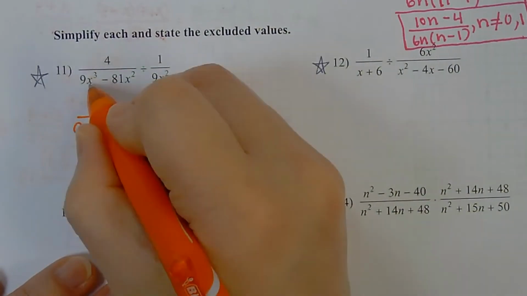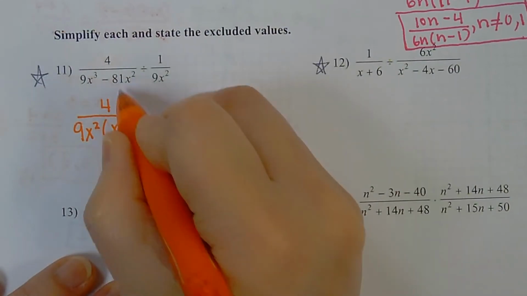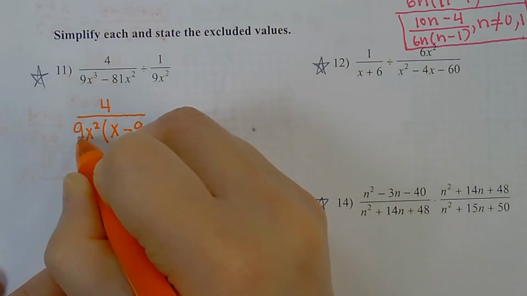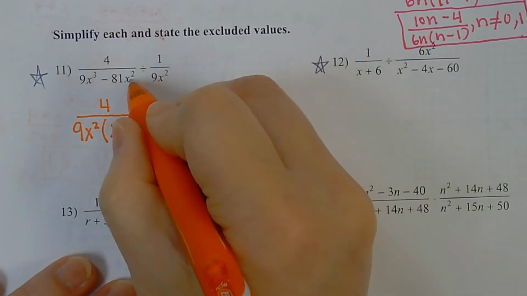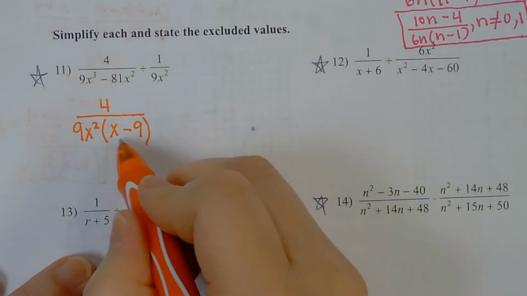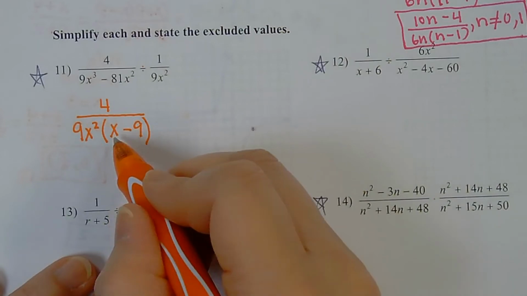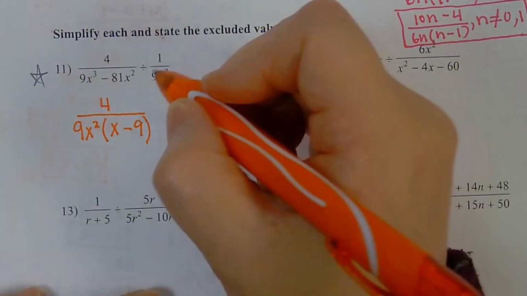What do I have left? Well, I already got the 9. I just need one more x. And then for this one, I need minus 9, because 9 times 9 is 81. And I don't need any more x squares, so that's it. Some may think, oh, difference of squares, can't do that because this is just an x and not an x squared. So this is as much as we can do.